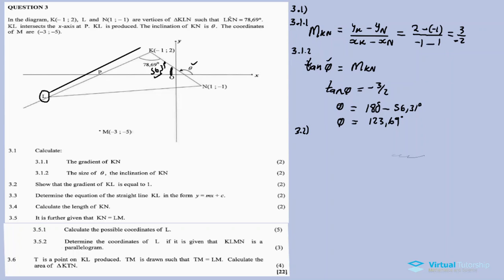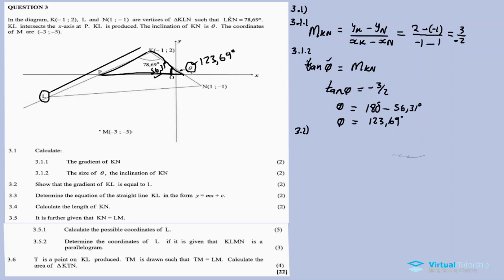For the gradient of KL, look here. This triangle KPO has an external angle of 123.69 degrees.